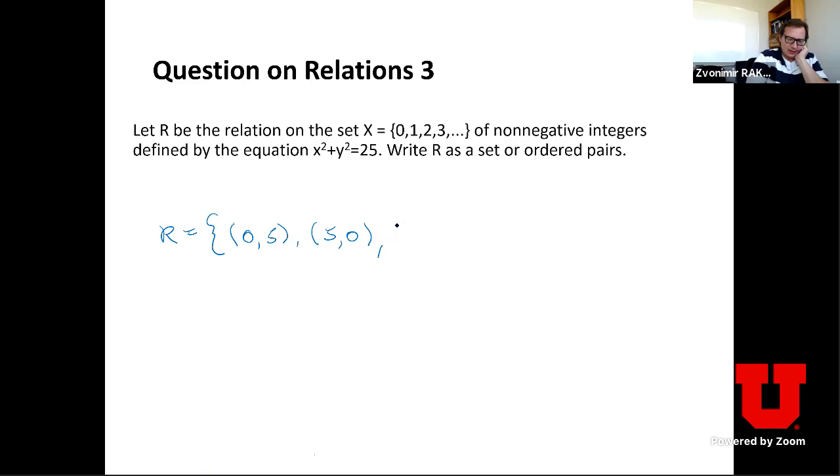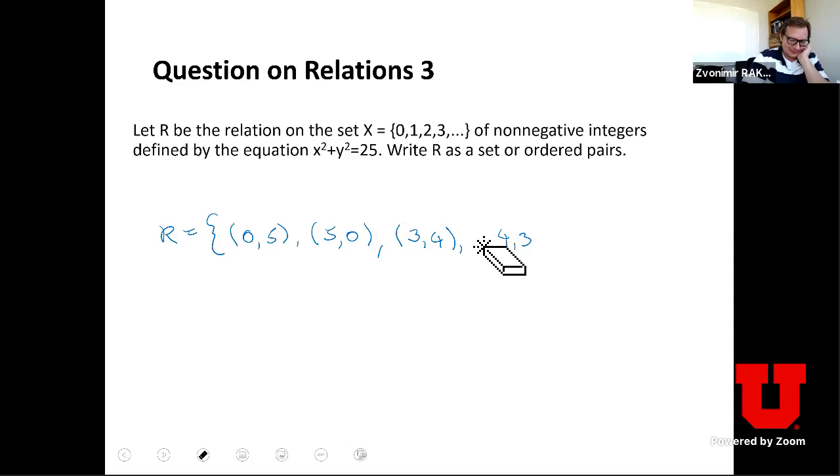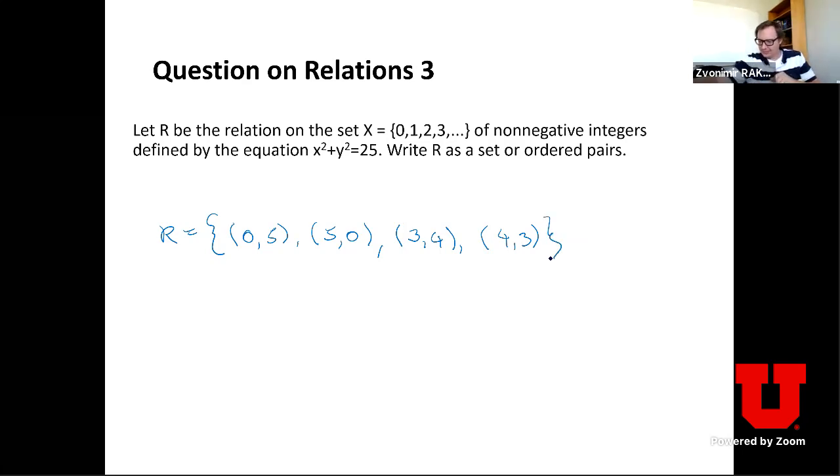And then (3, 4) and (4, 3). And now I messed up the braces. This should be parentheses. Okay, so that's the answer to this question. The order in which you list them in this set doesn't matter, but within each pair, the order matters. Any quick questions about this before we conclude?